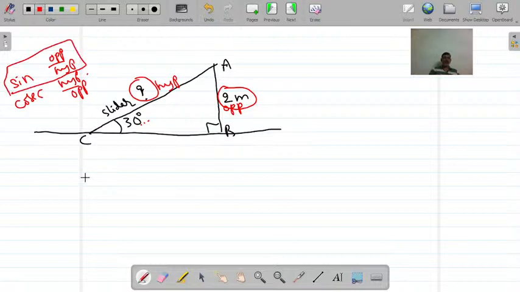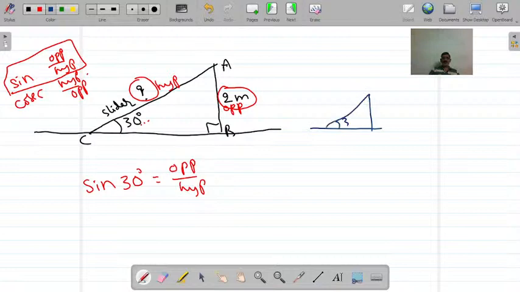So sine, what is the angle? Sine 30 degrees is equal to opposite by hypotenuse. Now for getting this value of 30 degrees, what did we do? Simply we consider this triangle. This is your 30 degrees. Then it is 1, root 3, 2.